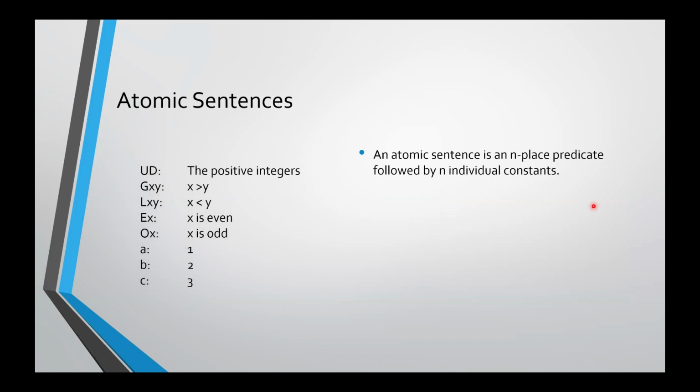So atomic sentences first. Atomic sentences, remember, will be an n-place predicate followed by n individual constants. Basically, what makes an atomic sentence true on an interpretation is you look at how it's been interpreted and whether it's interpreted as a true or a false statement. So take, for example, GAB.